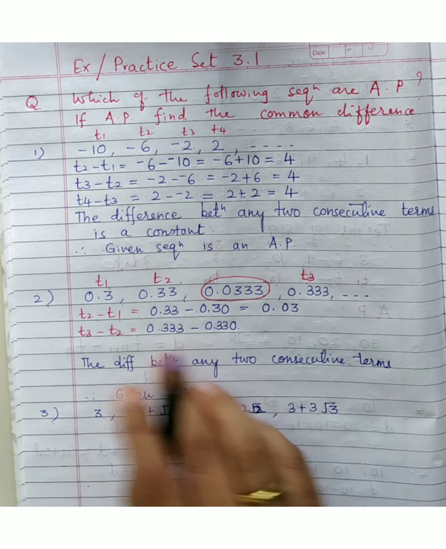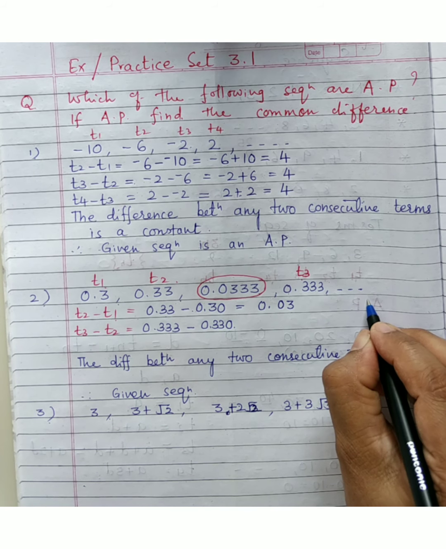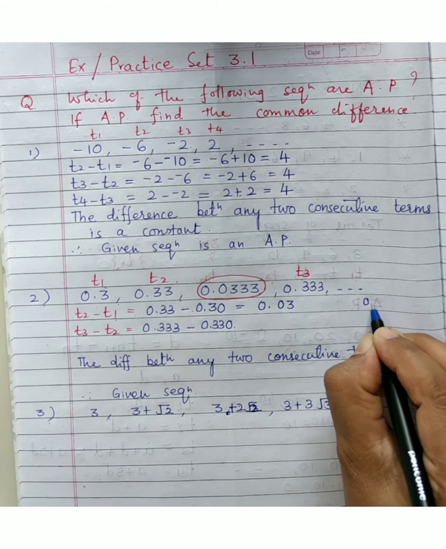Again put a 0 here, and now some go wrong here, so I'll show you, children. 0.333 minus 0.330. See the difference? 3 in the thousandths place. So the difference coming here is 0.003. Obviously the two are not the same.